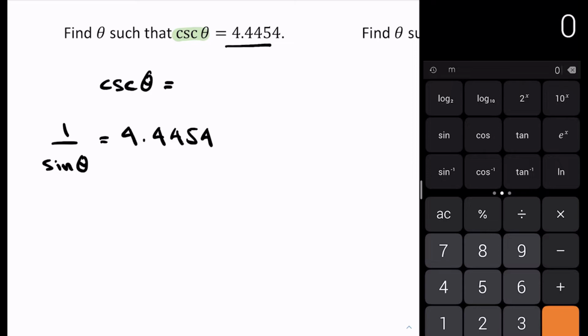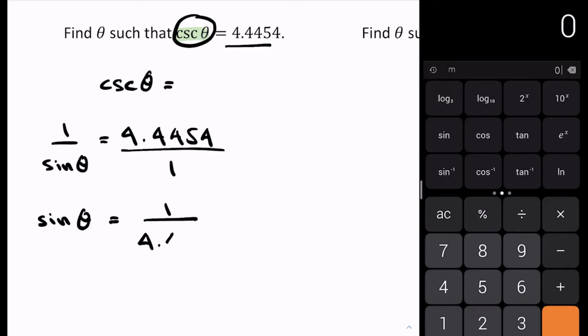So I'm going to envision this as a fraction over 1. And just like I take the reciprocals to determine the reciprocal trig ratios, I'm just going to undo that. And what I get is 1 over 4.4454. Remember, this is over 1, but I'm not writing it.